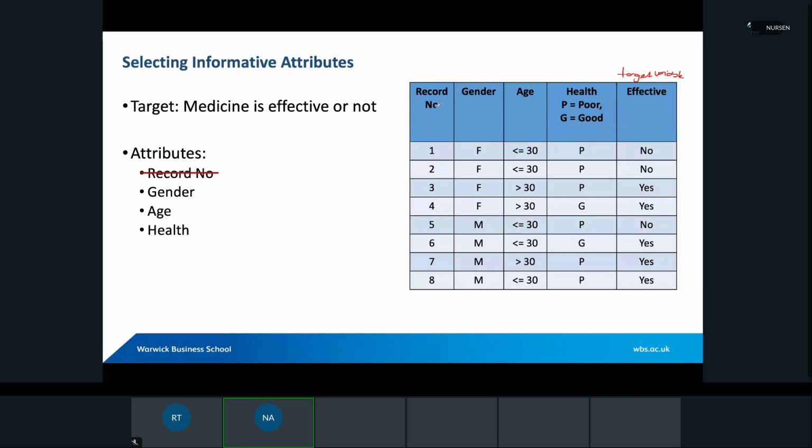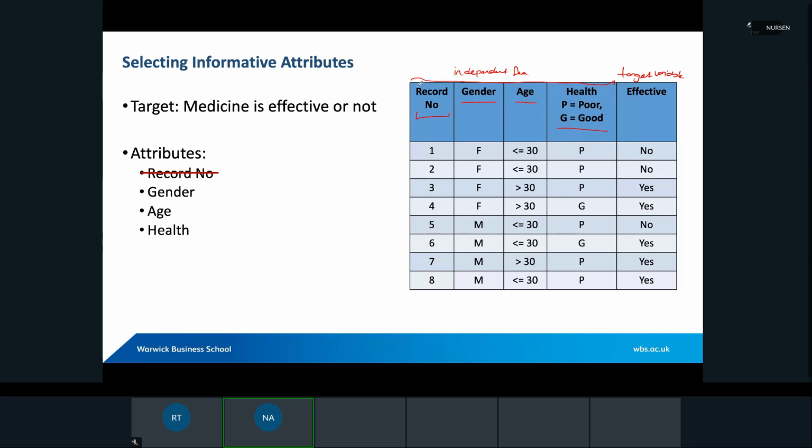And as features, we have, first of all, patient record, so the ID of the patient or record number, gender of the patient, age of the patient, and the health condition of the patient. P is used for poor and G is used for good. So these are independent features, and we have the target variable to predict.